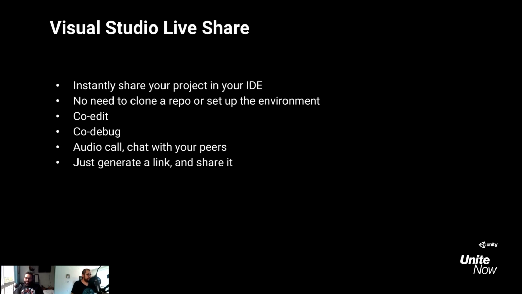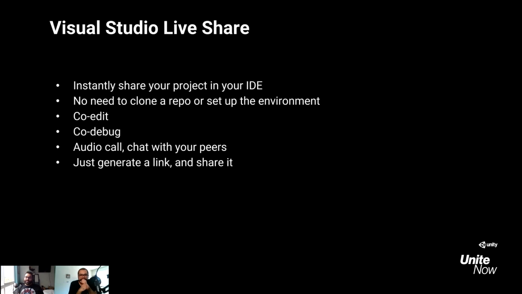Visual Studio Live Share is available on Windows, and especially during this time where we can't really see each other and can't see our teammates face to face, sometimes you just need your teammate to look over your shoulder, look at your code, and help you out really quickly with scripting, and maybe code debug with you too. Live Share can provide that for you.